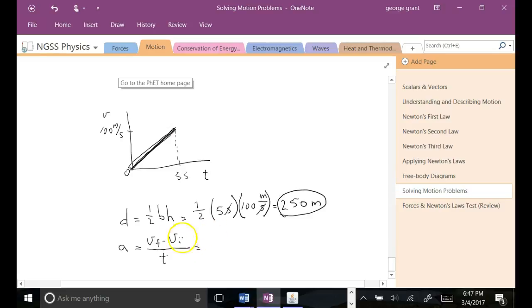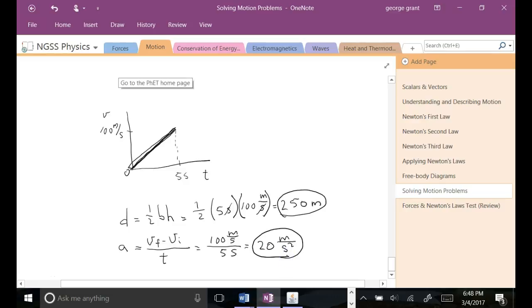And that's going to be, well, v initial is just 0, so 100 meters per second over 5 seconds is going to be 20 meters per second squared.